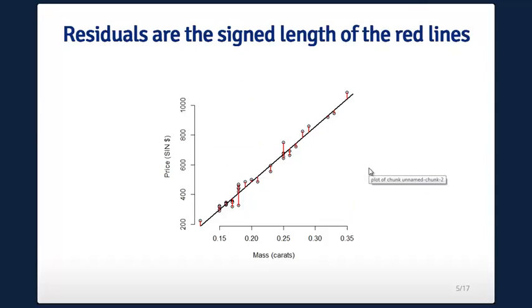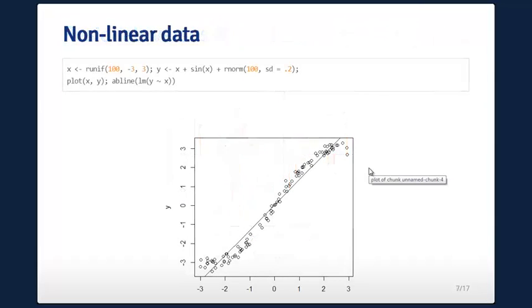So what sorts of things do you want to look for in your residual plot? You want to look for any pattern. Any evidence of a pattern means that there's some sort of systematic thing that you've omitted in the model that you maybe should have included. So here's an example where I'm going to simulate some data and show you a residual plot.